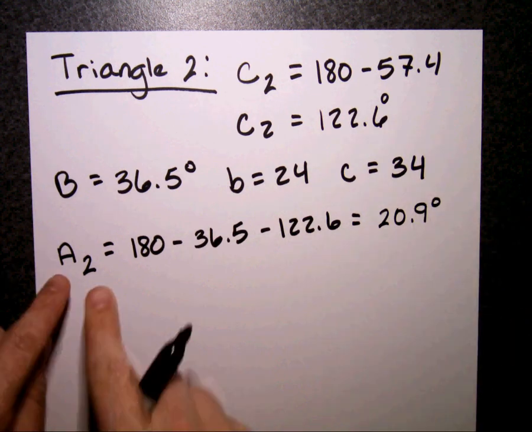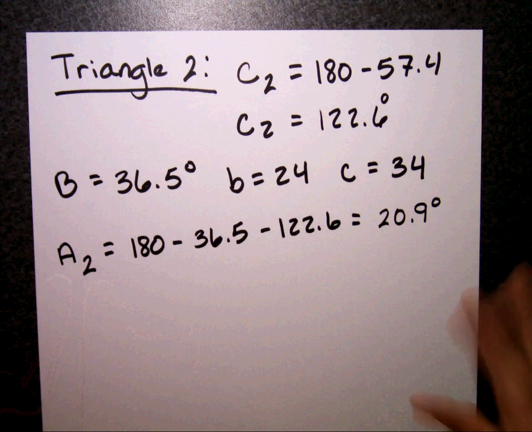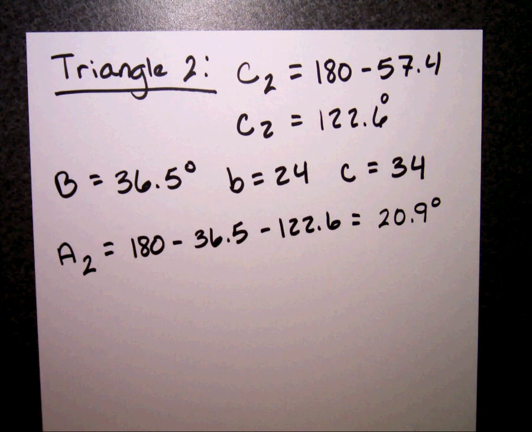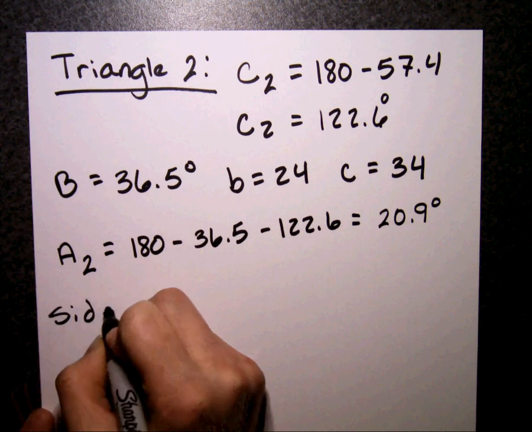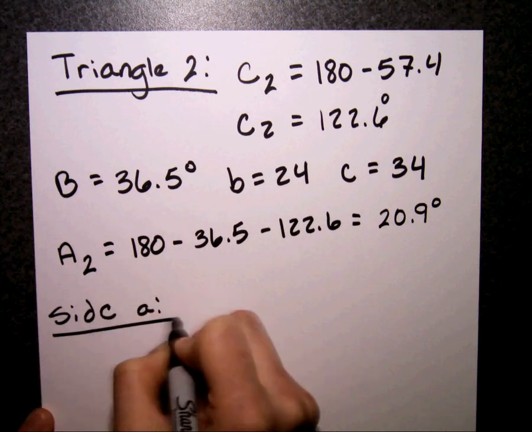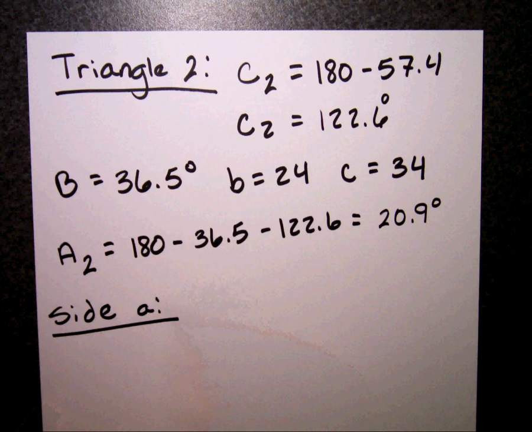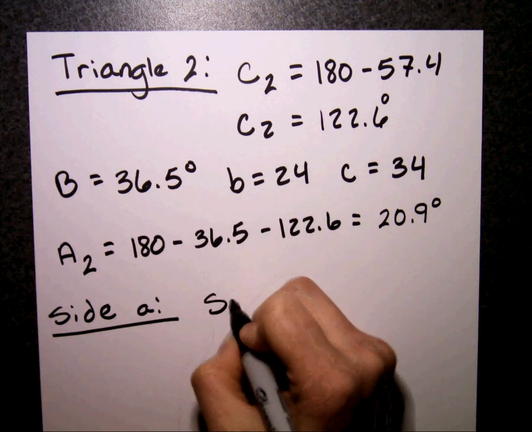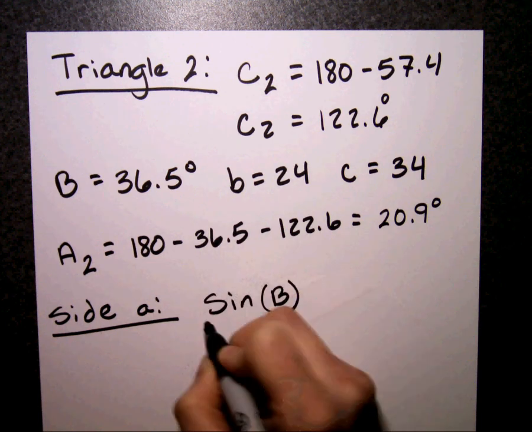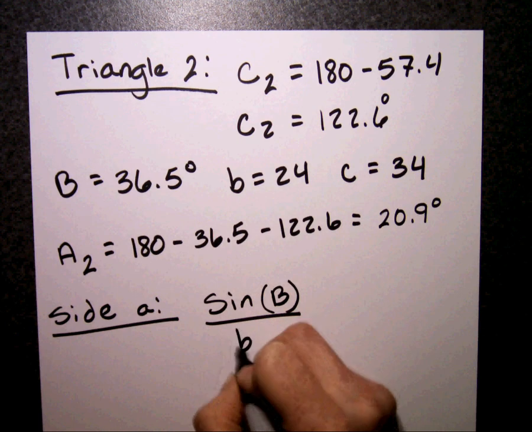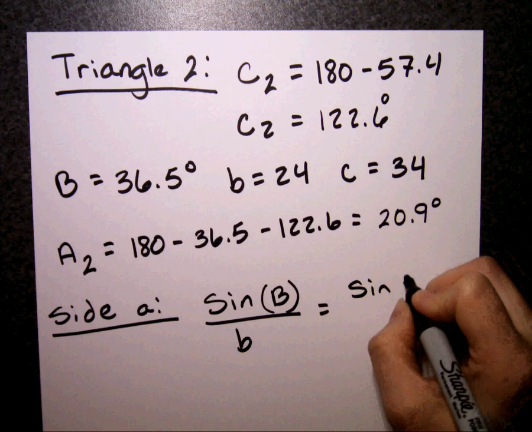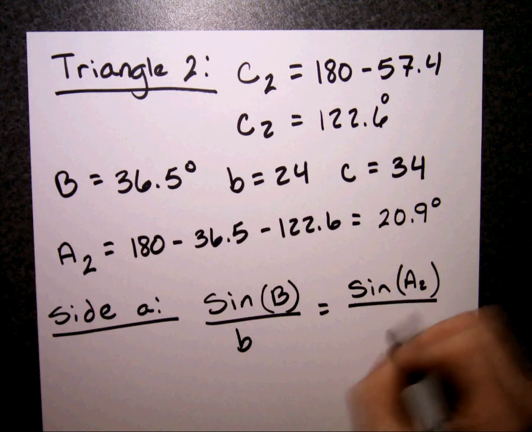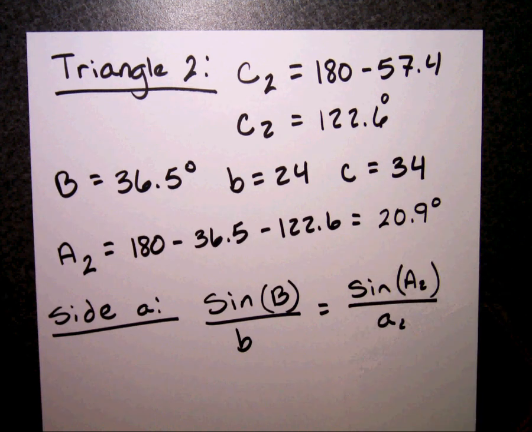And now that I have angle A, I can use that to find side A. So let's go ahead and find side A. So my ratio, again, I like to be consistent, so I'm going to stay with B. So sine of B over B equals sine of, in this case, A sub 2 over A sub 2.